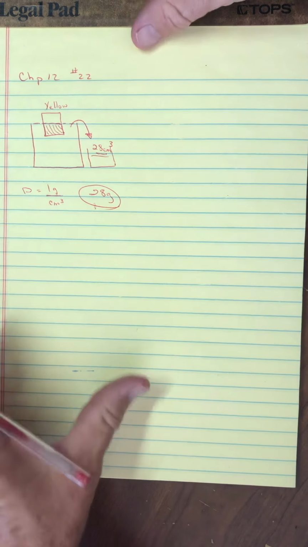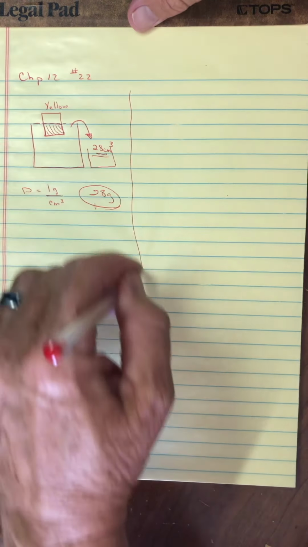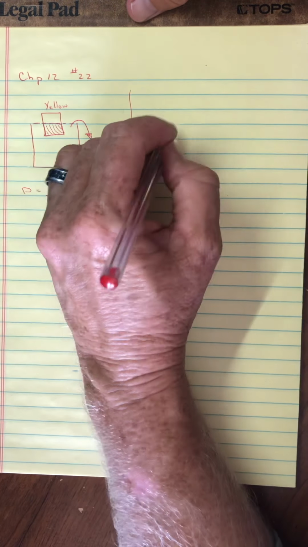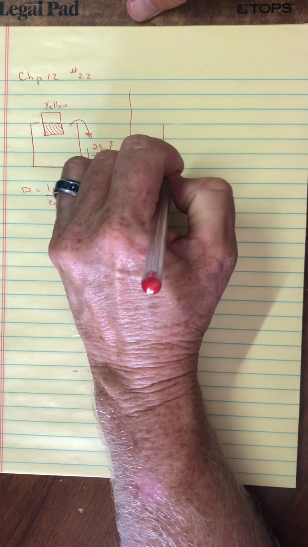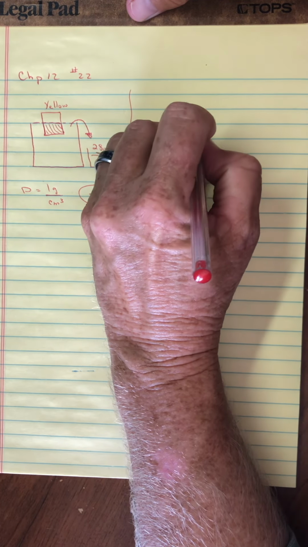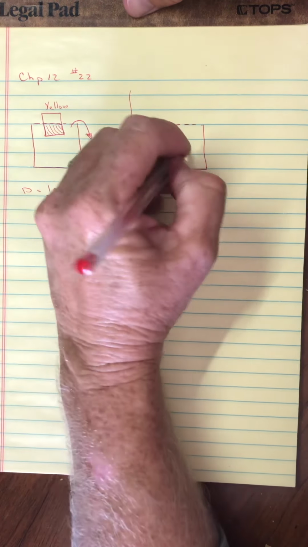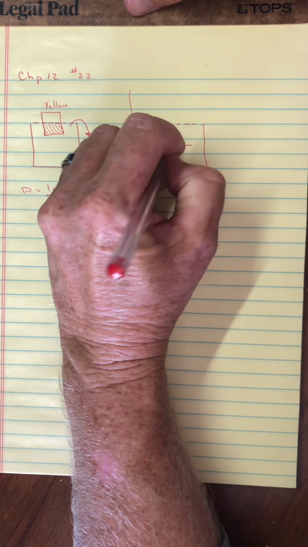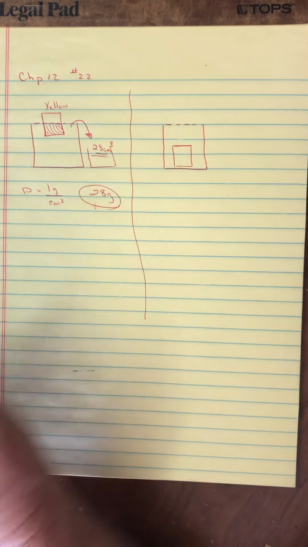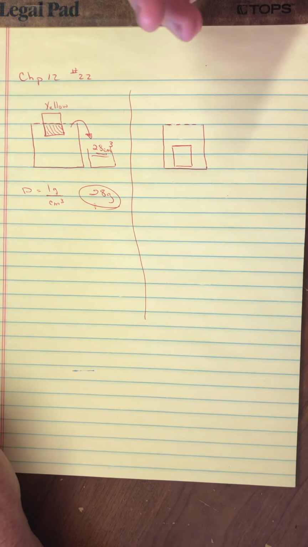Okay. Now, it says the same object is then lowered carefully into a completely full beaker of gasoline. All right, so maybe I'll make a little dividing line here and say, okay, second experiment. So here is our beaker, again filled all the way to the top. This time we put in the object, and it doesn't float, it goes completely under.